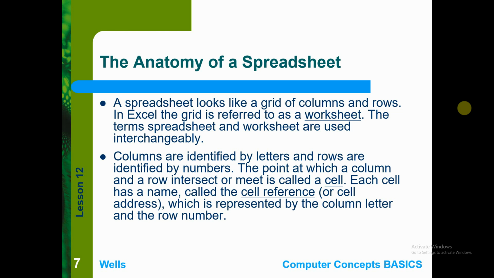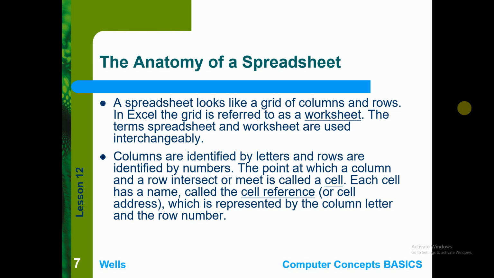Usually the worksheet is the part of the spreadsheet where we edit or update. So defining columns, identified by letters, and rows by numbers. Columns are vertical, whereas rows are horizontal. So the point at which a column and a row intersect is what we call a cell.